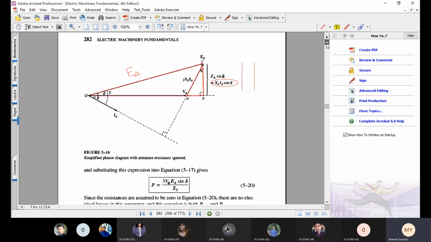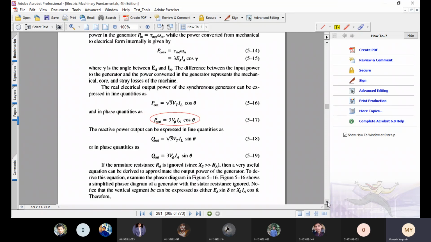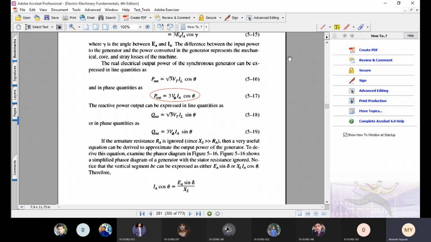So what they did now is they compared the two lengths. They wrote XS IA cos of theta equals EA sine of delta. That was a missing step, so I am writing it.